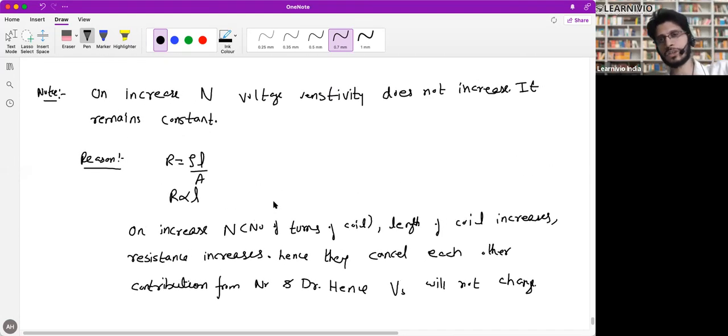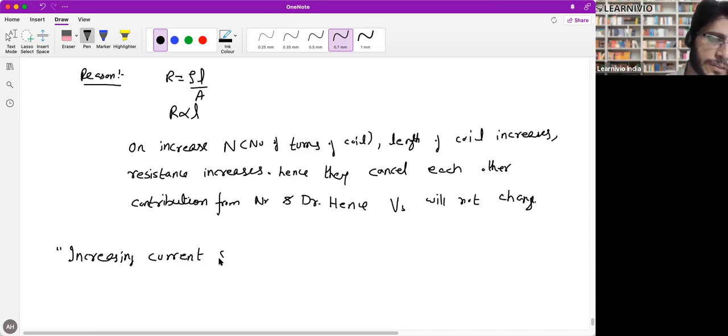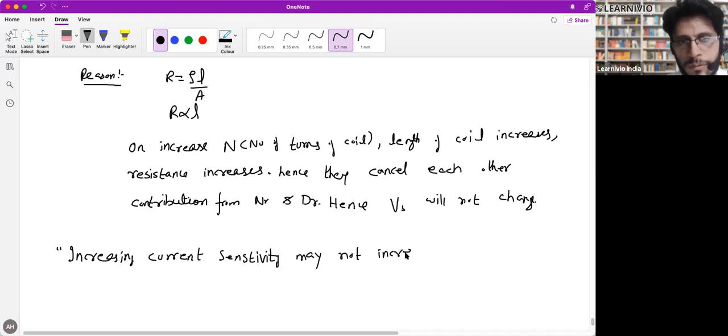In NCERT, this whole explanation is written in one line. NCERT sometimes says increasing current sensitivity may not increase voltage sensitivity. The statement is in NCERT, and in CBSE, you can get a question on this statement: increasing current sensitivity may not increase voltage sensitivity.